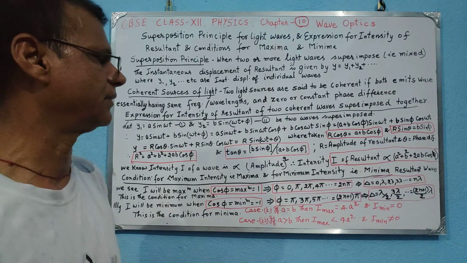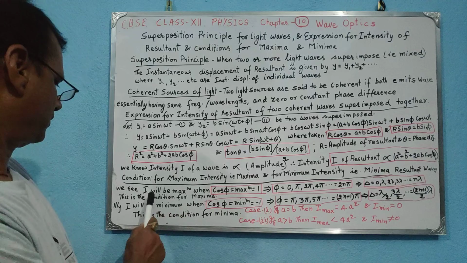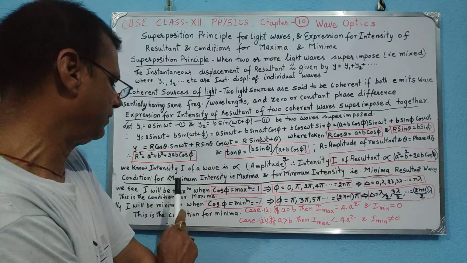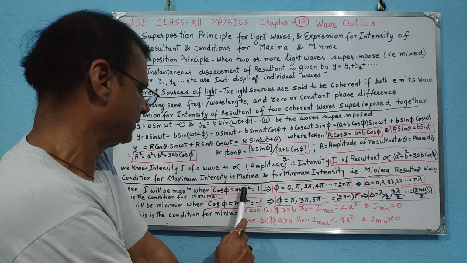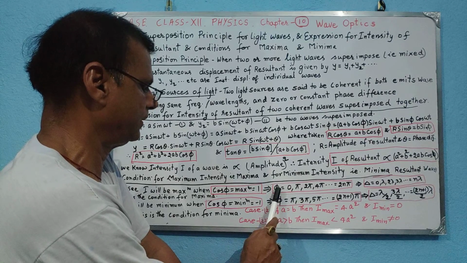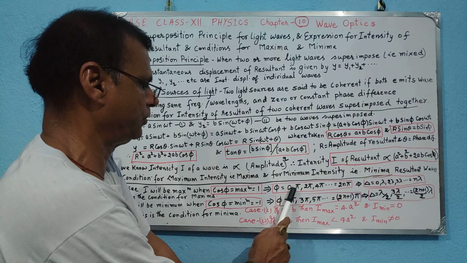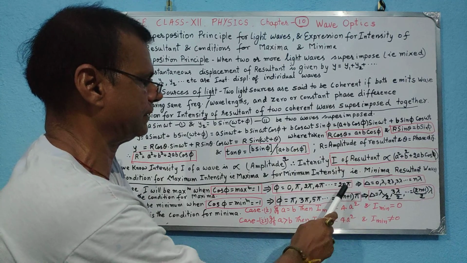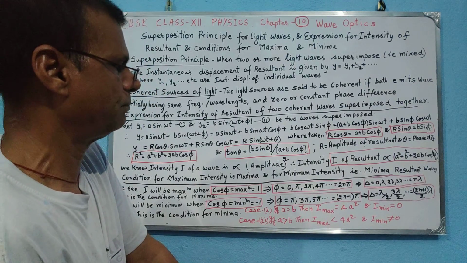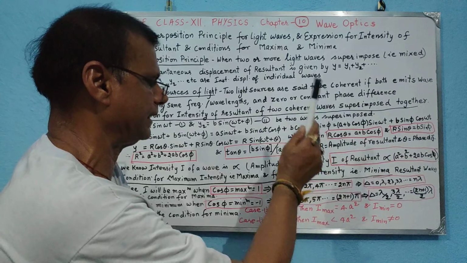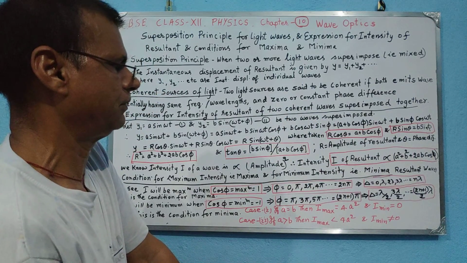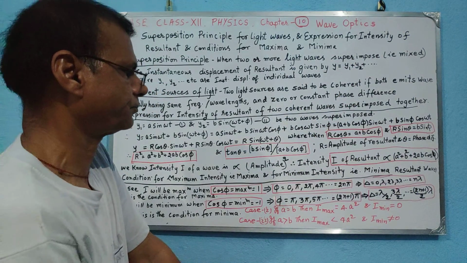It is -1. So intensity will be maximum when cos phi is maximum, that is 1. This implies that phase phi should be 0 or 2 pi or 4 pi, etc. That means equal to 2n pi, where n is an integer. Integer means 0, 1, 2, 3.